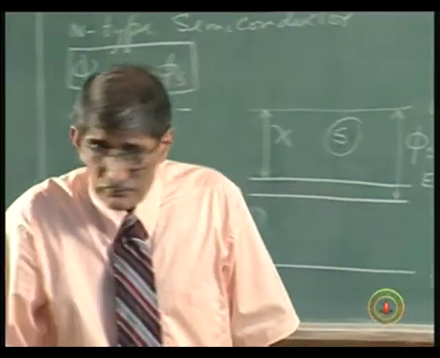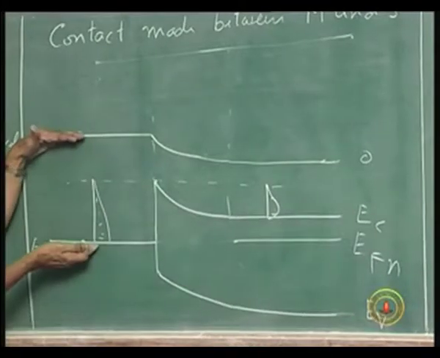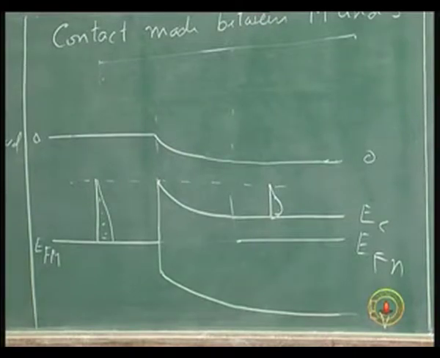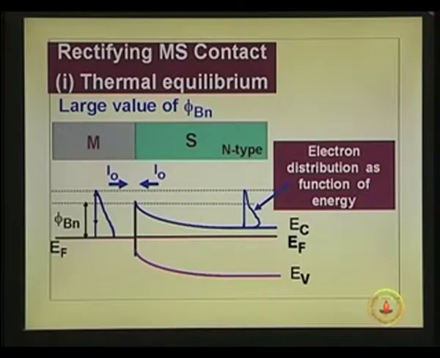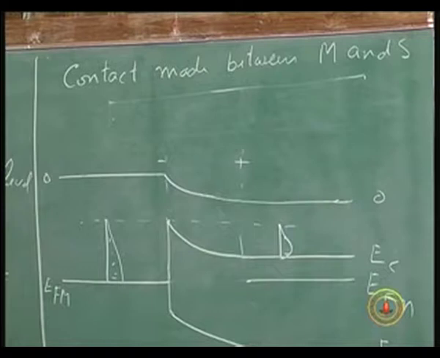Now, the main point that I wanted to point out was this: I have not shifted anything here, I have shifted the whole thing down with the variation there. Now, let us go to the case where you forward bias it, reverse bias it. Notice also this potential is like this, plus minus.